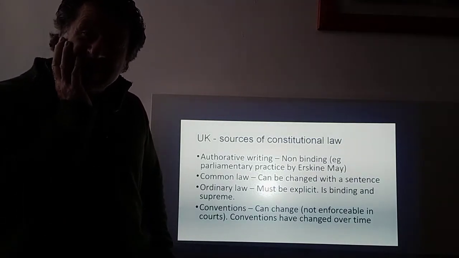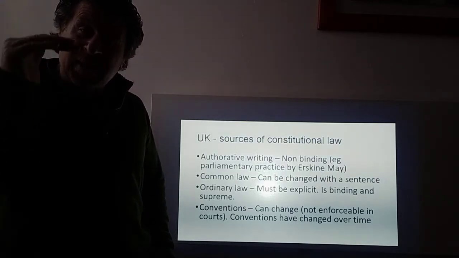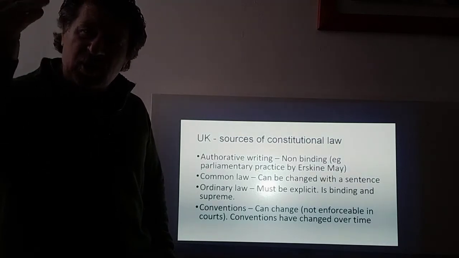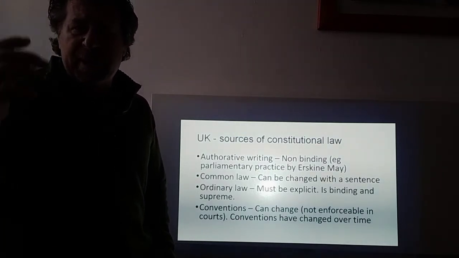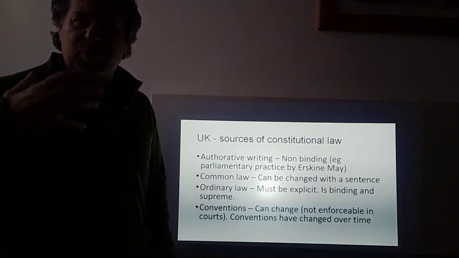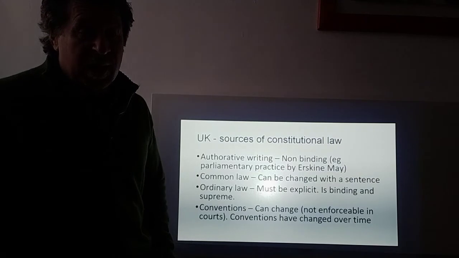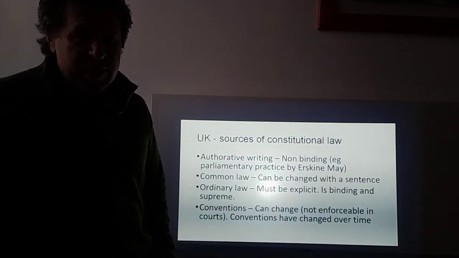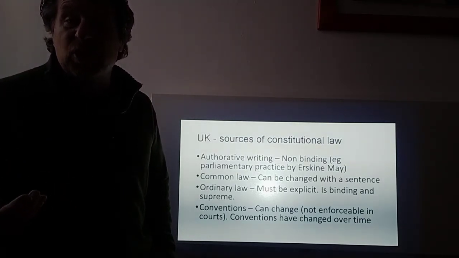Another source of law is common law. These are sentences made by judges, and they are binding for lower courts. So if a judge in maybe the High Court or the Supreme Court makes a judgment, for example, when we were in the European Union, the European Union was recognised as being supreme.